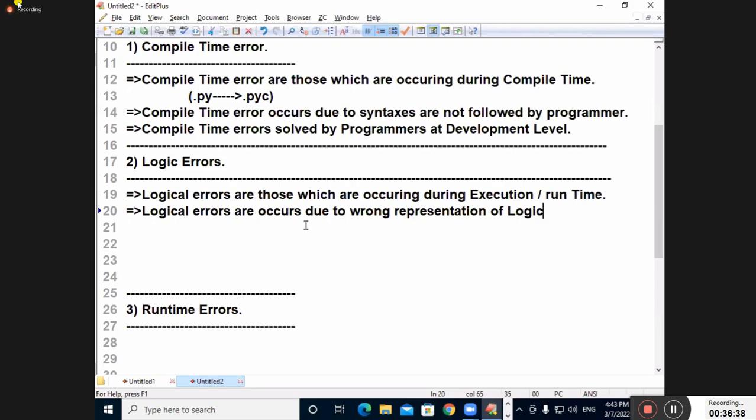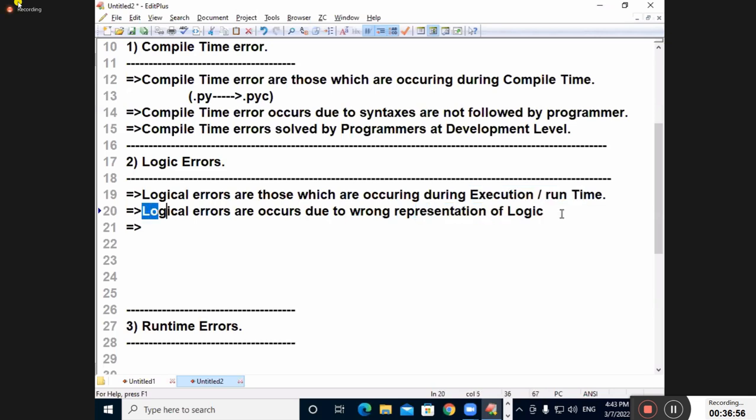Able to follow me or not? That is the incorrect representation of logic, wrong formula representation. Because of that, you will get these logical errors. See, I am giving what time errors occur, why they occur, and I am writing everything.